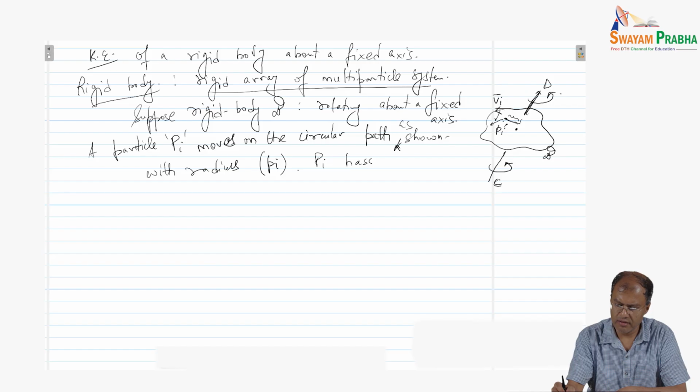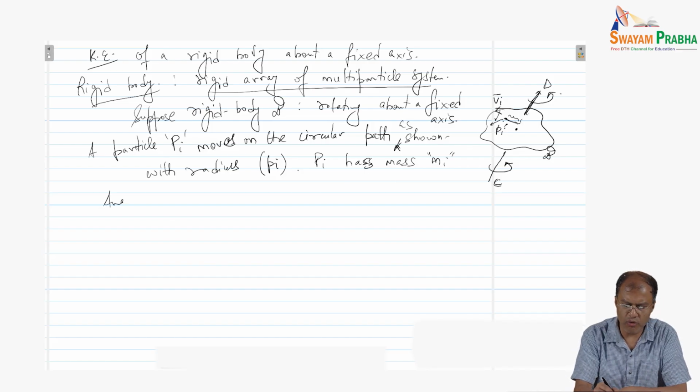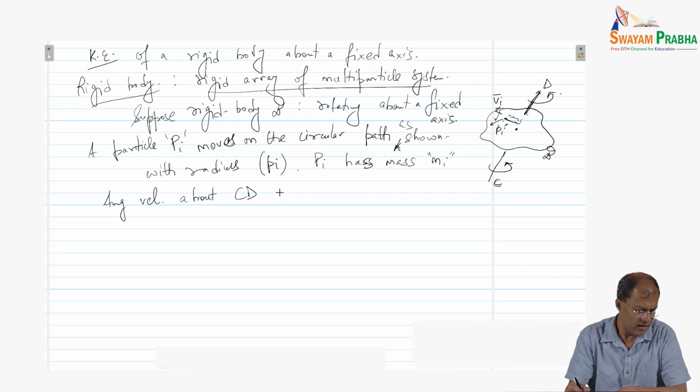Pi has mass Mi, and we have the angular velocity about the axis CD being, let us say, omega.